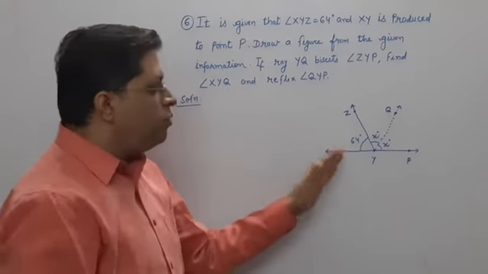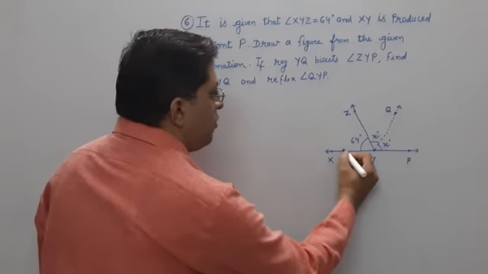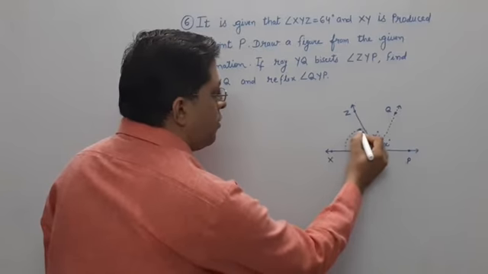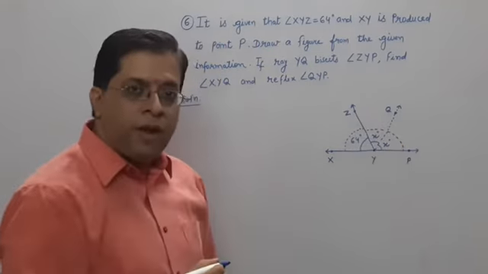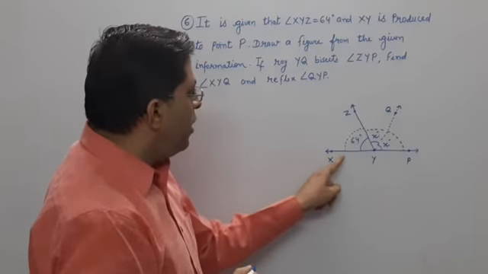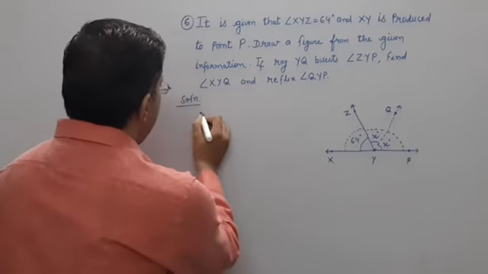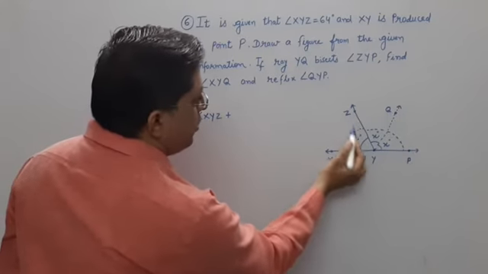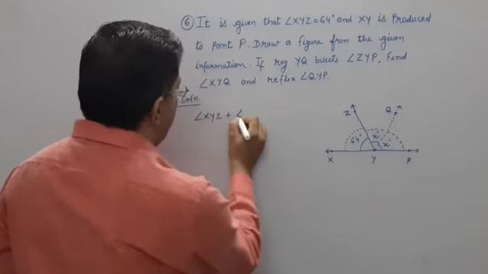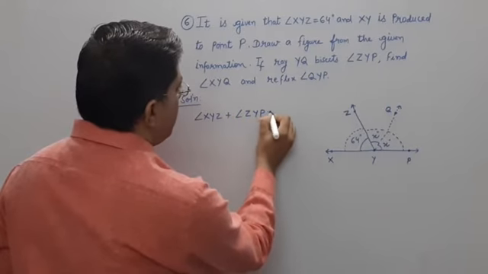Okay. One thing you see with the figure, see here. This is just like this and this. Total 180 degree. Linear pair axiom. I can write angle XYZ plus angle ZYP is 180 degree.